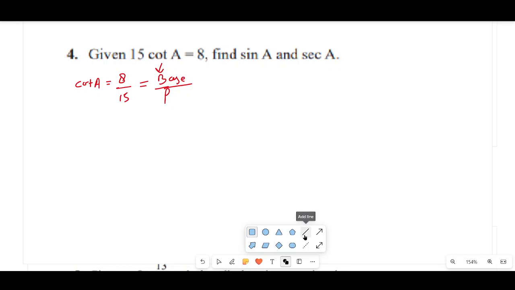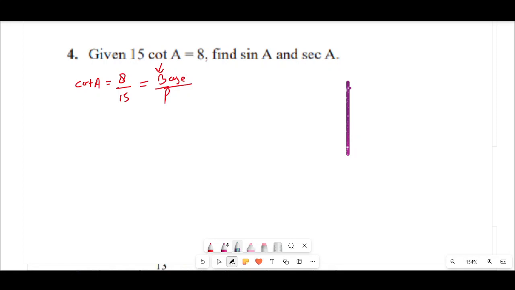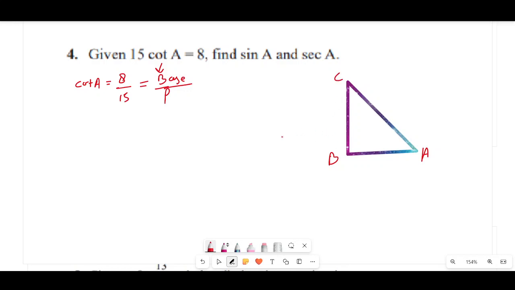Now we should draw a triangle. For cot A, if you take point A here, then B and C. Clear?